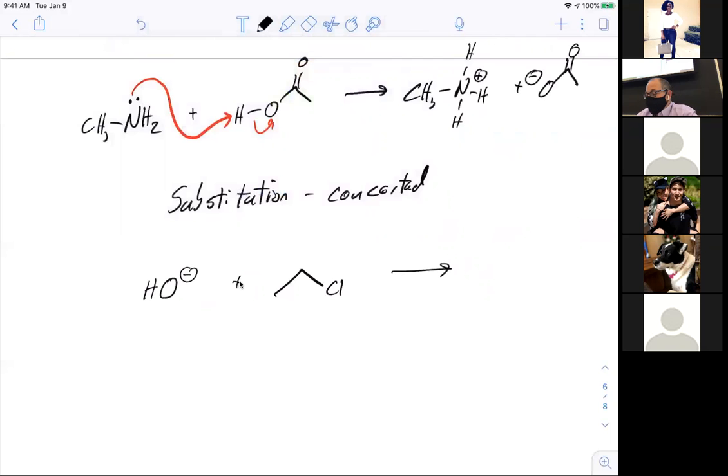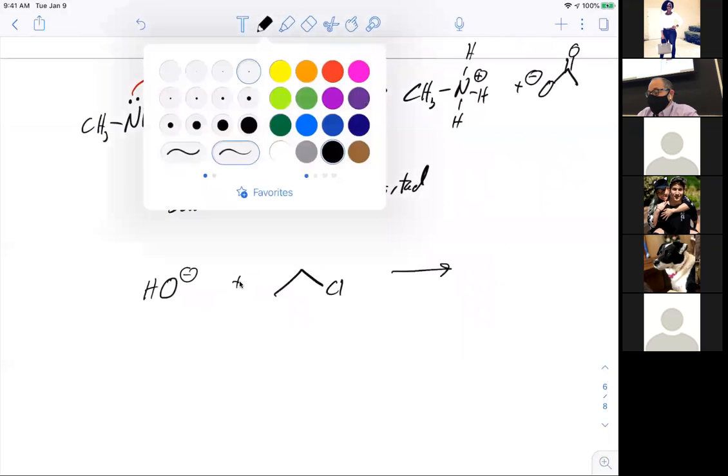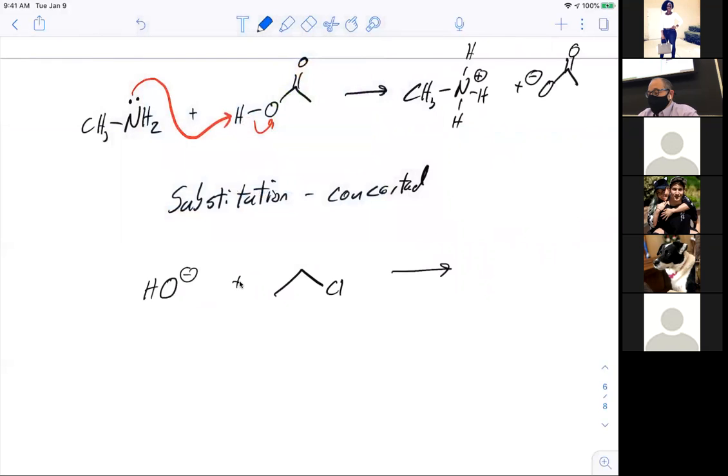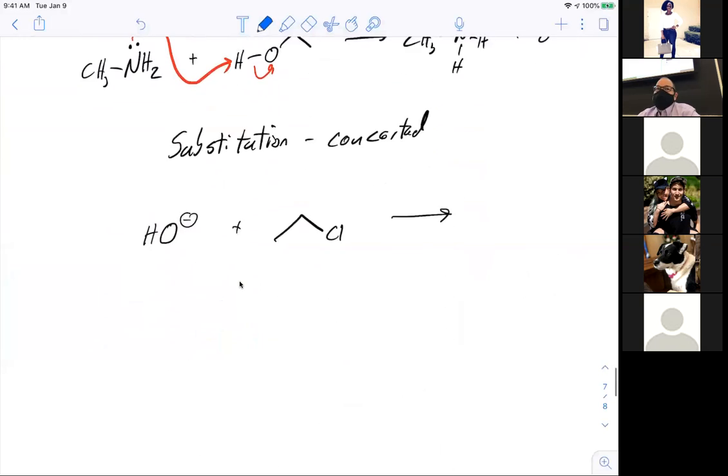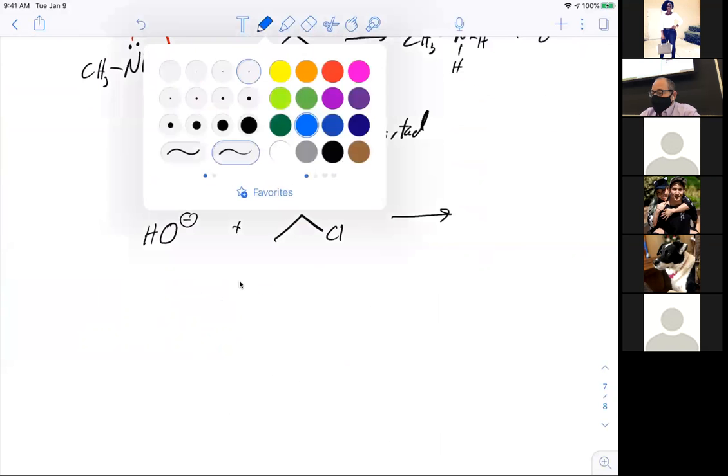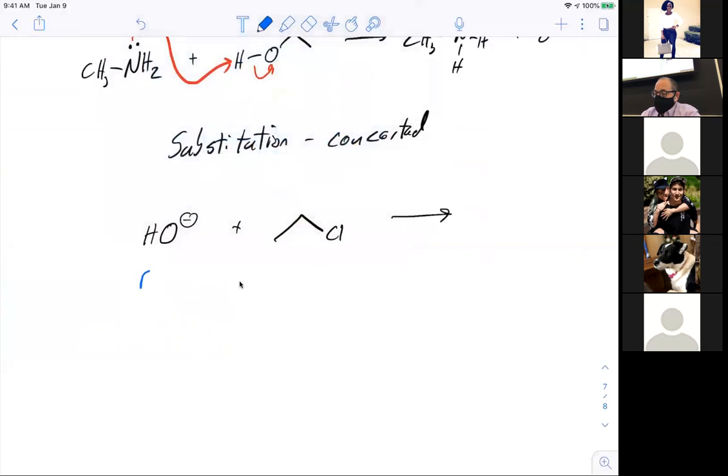If we look at something like this, now it's not obvious up here. We had a proton, we had an acidic hydrogen. We'll spend a lot of time on acid bases over the next couple of weeks. But in this case, it's pretty obvious. Down here, what you have to do is you have to use what you've learned about structure. Okay, the O minus tells me that that's electron rich. That's pretty straightforward, right?